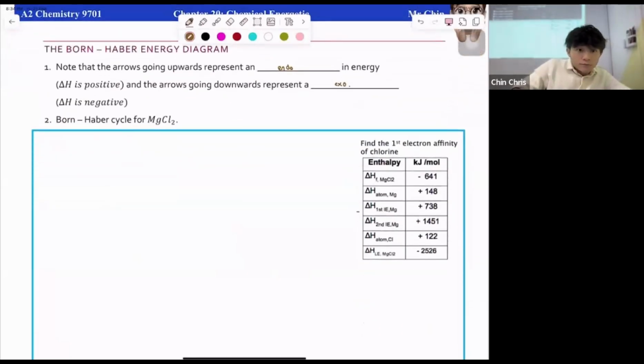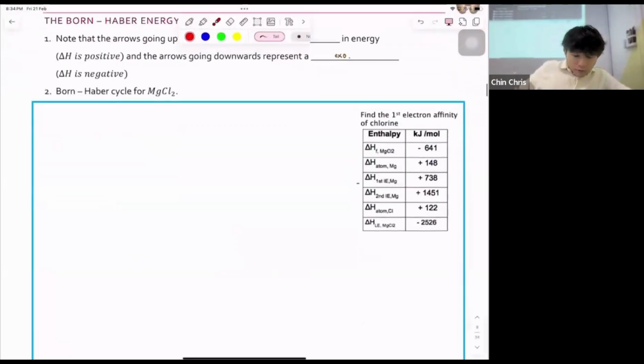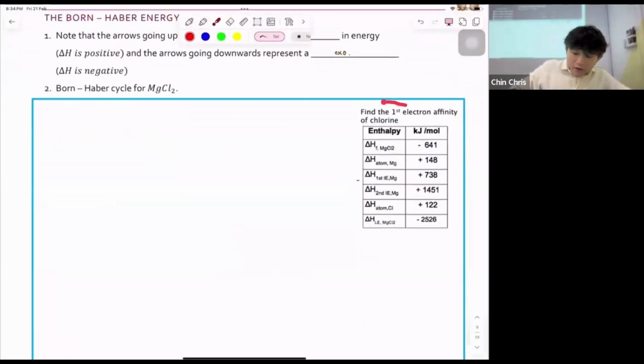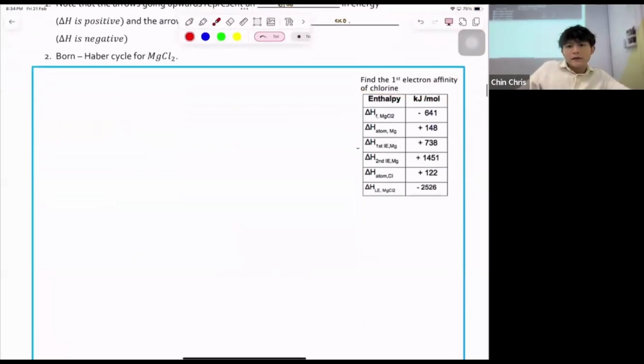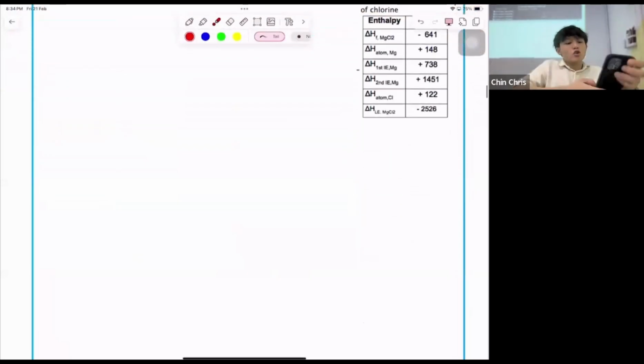Okay, guys, go. So find the first electron affinity for chlorine. Look at this question. I want you guys to find the first electron affinity for chlorine. Get me the answer now. Guys, let's draw the diagram. Now. Let's go. Draw the diagram.